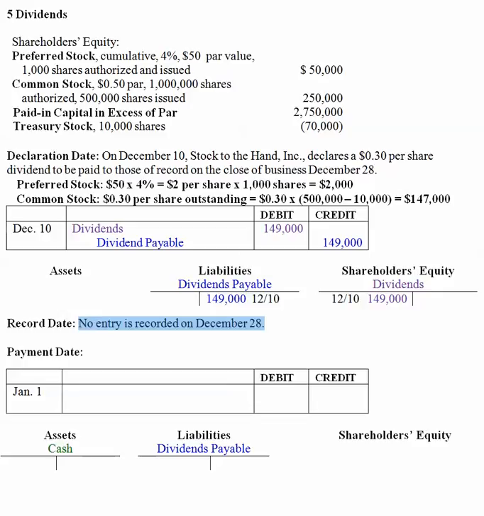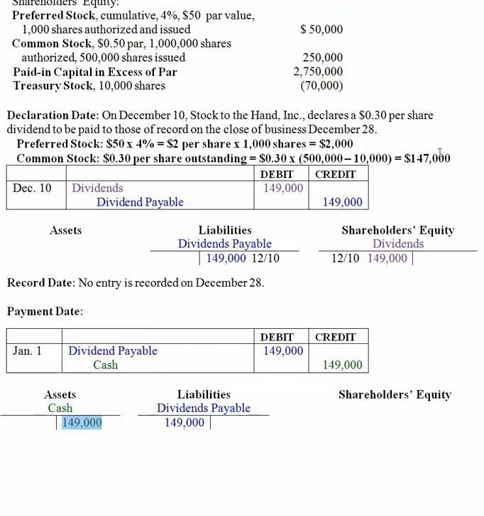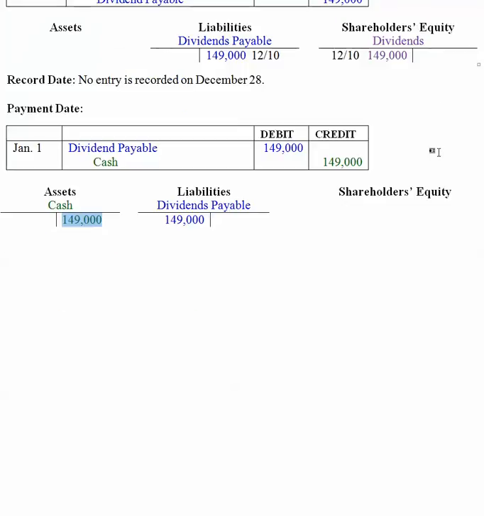But they figure that out, and when they finally get it all set, they get around to paying it. Let's just say they pay it on January 1. They're going to get rid of their payable by debiting dividends payable, and then they're going to credit their cash, and then they've met their obligation. So that's how you declare dividends.